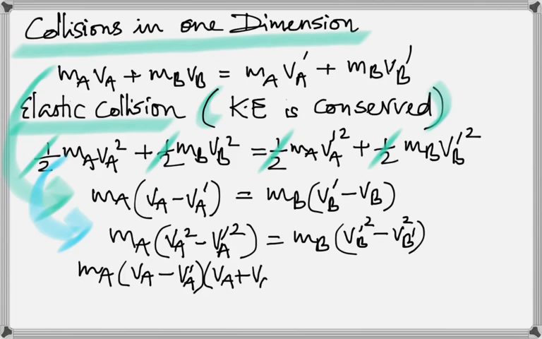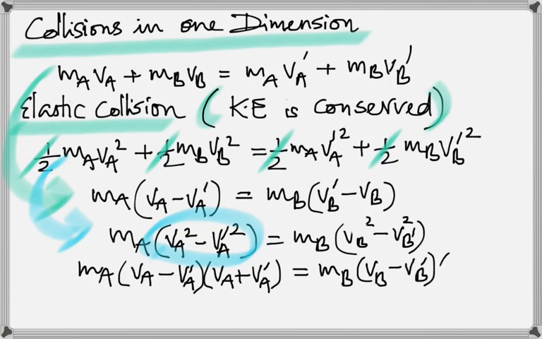That's what I'm doing. So I'm breaking up this quantity into VA minus VA prime times VA plus VA prime. Do the same on the other side. So that becomes VB minus VB prime times VB plus VB prime.